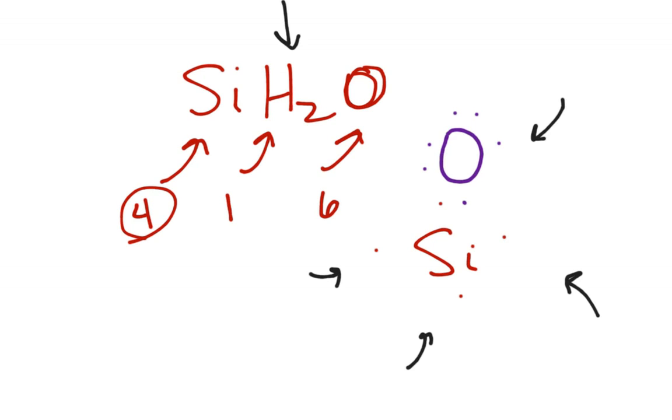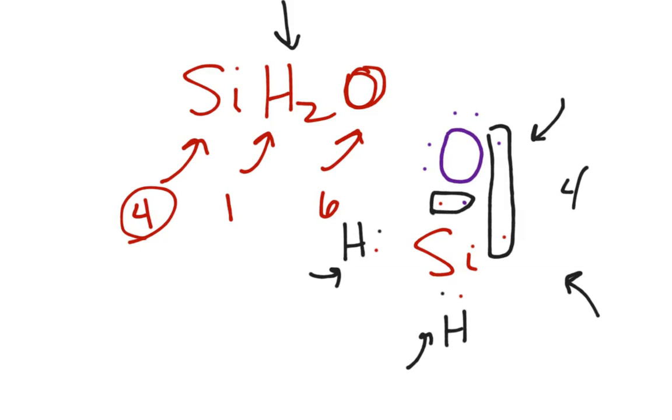If this is the case, we're going to cheat a little bit, and we're going to say we are going to have a double bond. Okay, so this oxygen and silicon are now going to share these 2 electrons to fill up their octet and these 2 electrons. So they're going to be sharing 4 electrons, or have 2 bonds between them. And then I'm just going to put my hydrogen here and my hydrogen here.